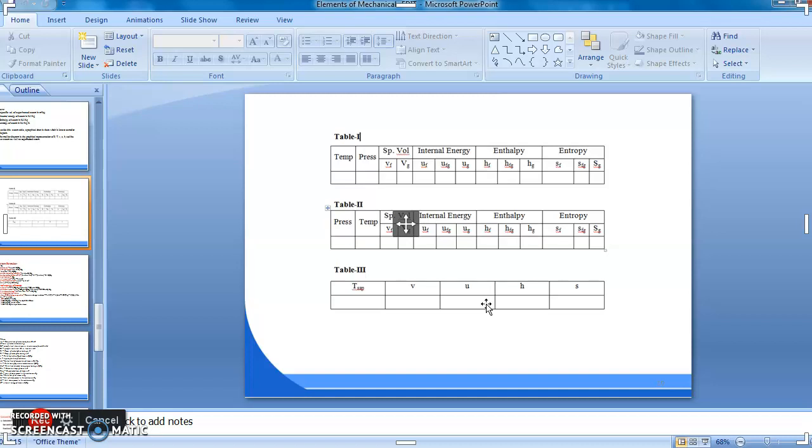Similarly, the internal energy at the saturation temperature and dry saturated state, with Ufg within the latent heat zone. Similarly, enthalpy and entropy. The same thing we can also get according to the pressure from table 2.